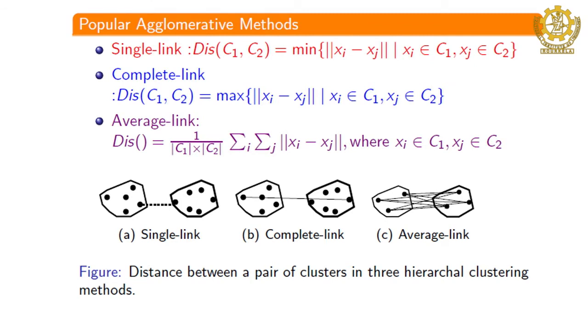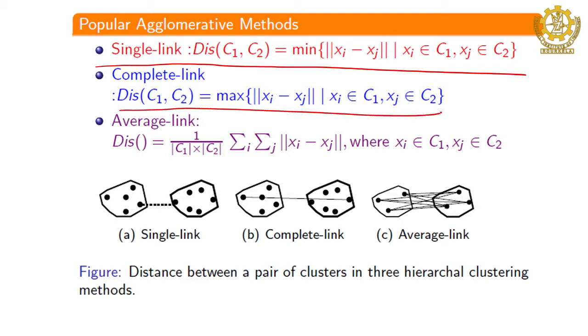There are three major ways that we can compute the distance, and each technique has a name. If we compute the distance in this strategy, then we say the agglomerative approach is the single link or single linkage approach. If we compute the distance in this fashion, then the agglomerative approach is called the complete linkage method.